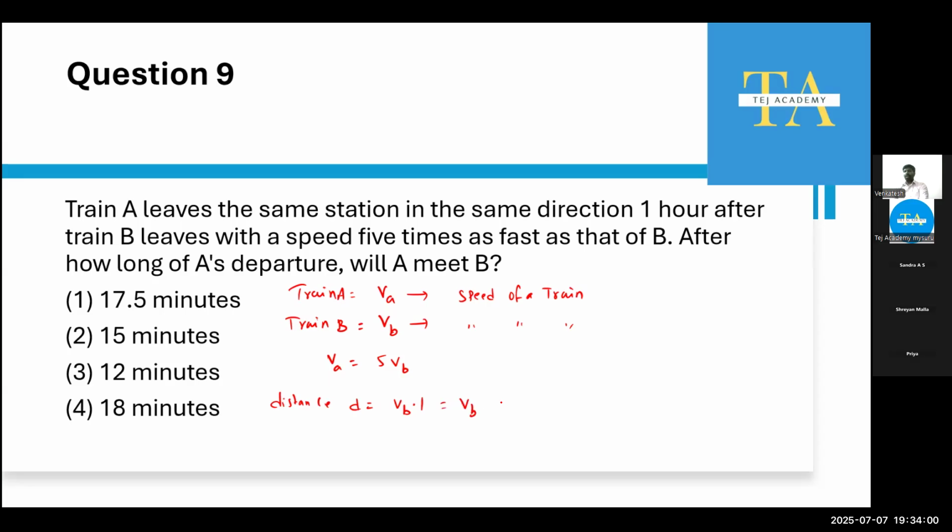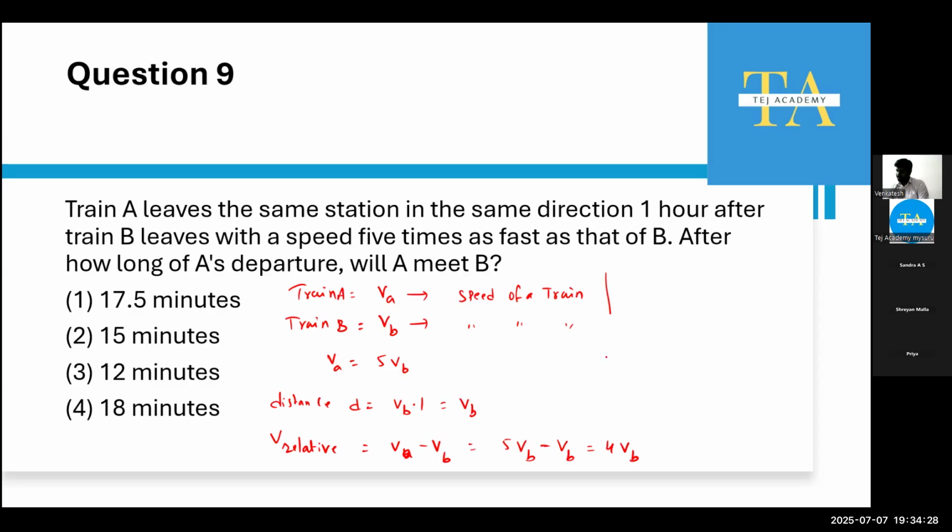Now to calculate the relative speed, V relative is equal to VA minus VB. So VA is 5VB minus VB, which is equal to 4VB.